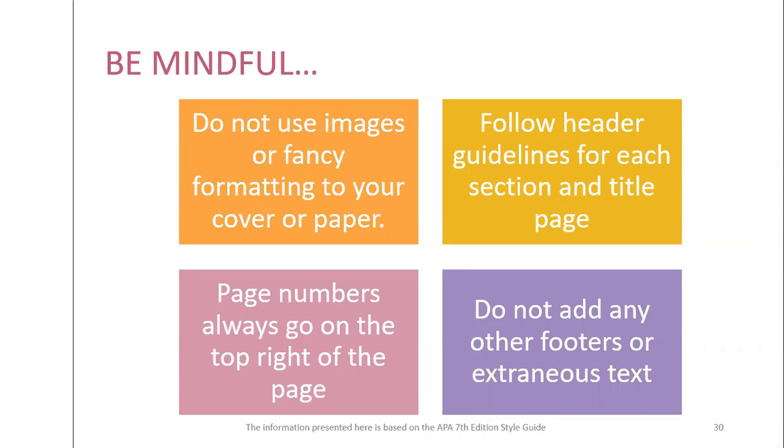Meaning, make sure that you are including the page number in the right place. Make sure that you're not including any extra text. Make sure that you're not including any extra pieces of information. APA is very specific in its formatting, and you want to make sure that you're not adding extra things that can cost you points.